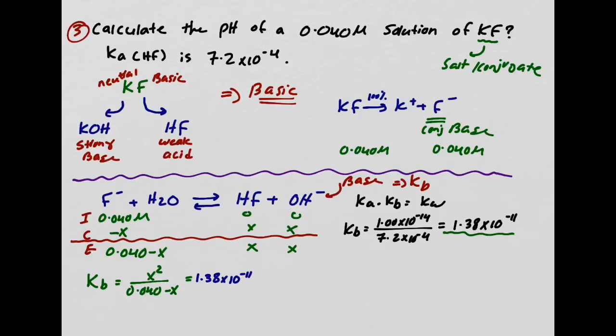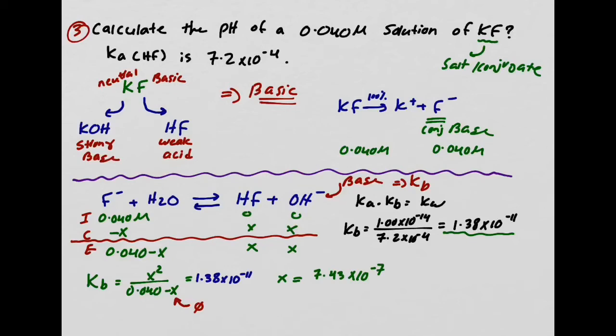So whatever this x is going to be, it's pretty small compared to that. So what can I do? I love this, making the math simple. I can assume that x is 0. If I do that, what did you guys get for x? I got 7.43 times 10 to the minus 7. Hopefully that's what you guys got too.